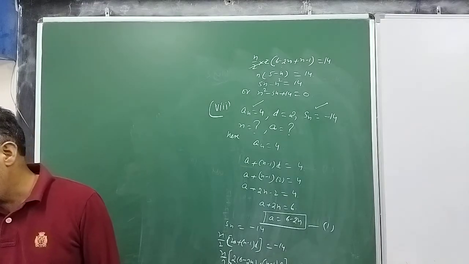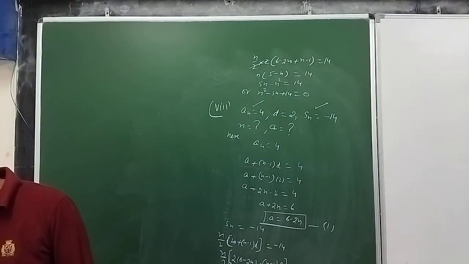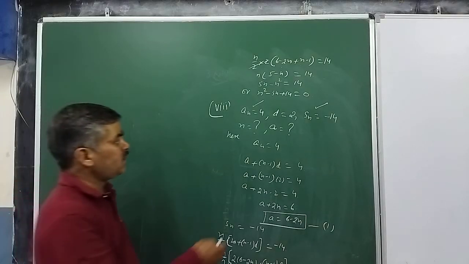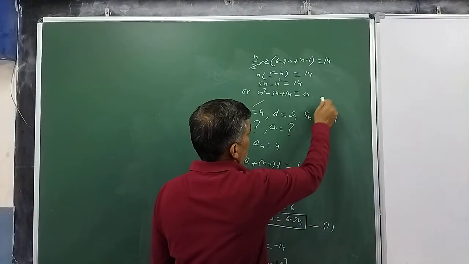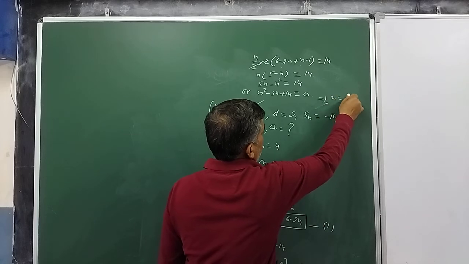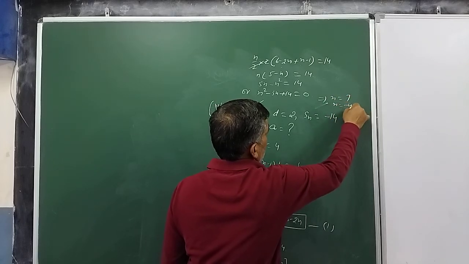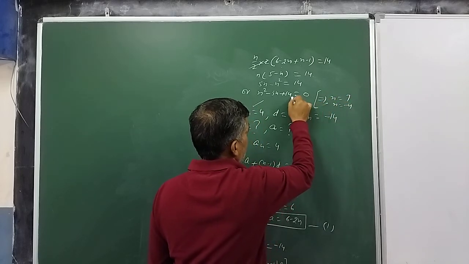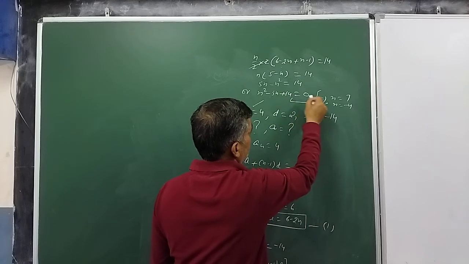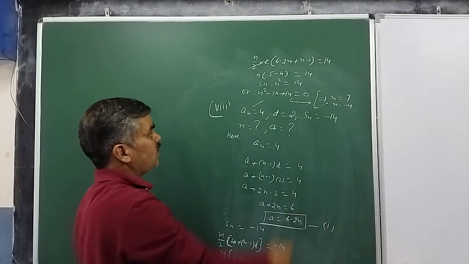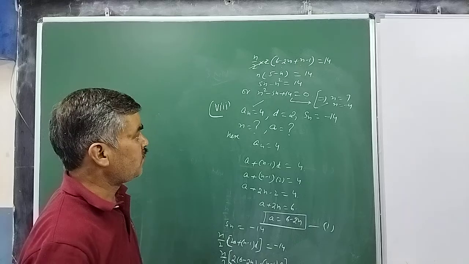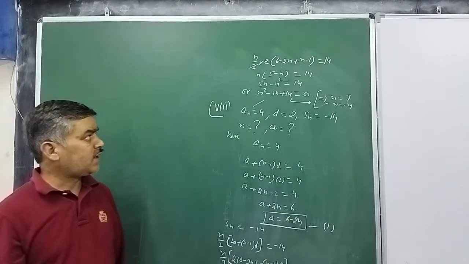I hope all of you can do the middle term splitting over there to calculate the value of n. And please check, you will be getting two values. Please check that either n is equal to 7 or n is equal to minus 4. From here, this solution of n, when you split the middle term or calculate the value of n by using the quadratic formula, you will get two values of n.